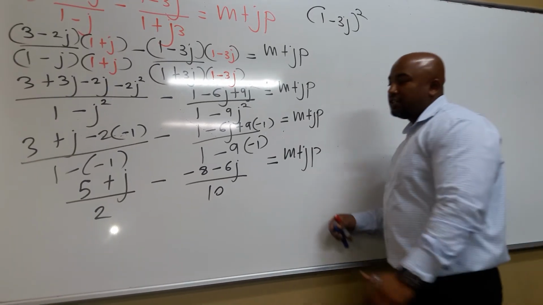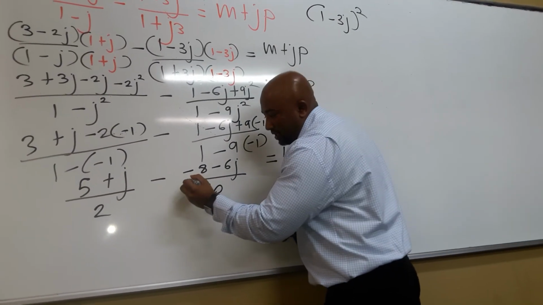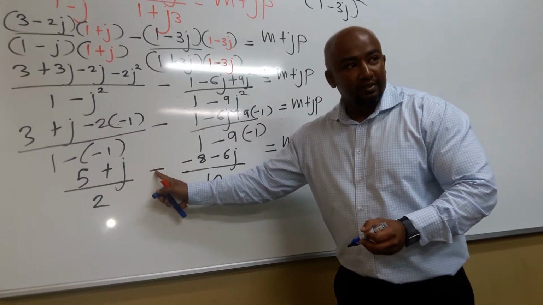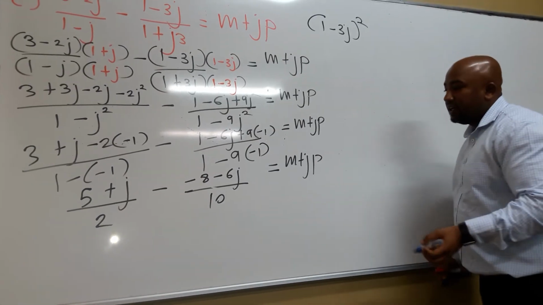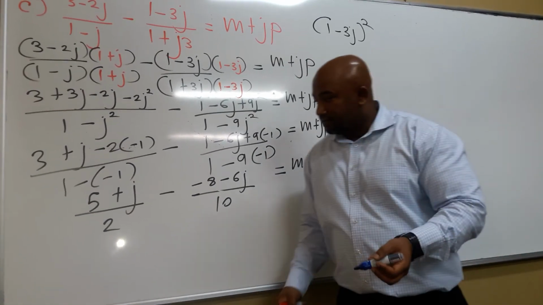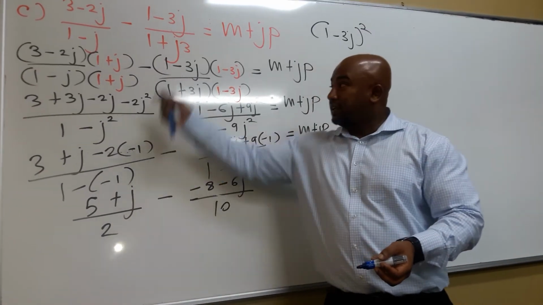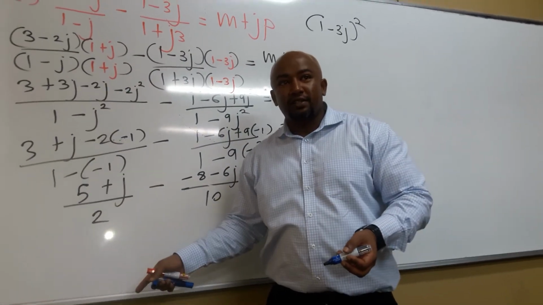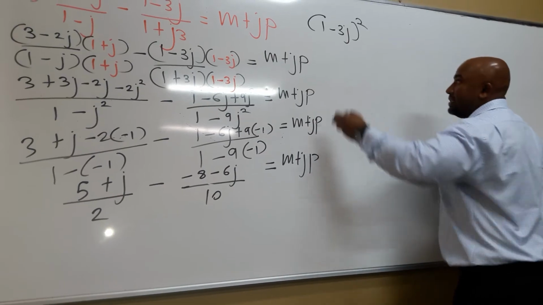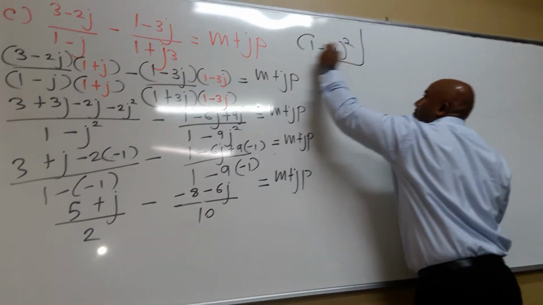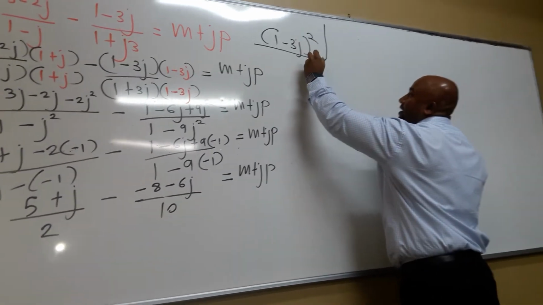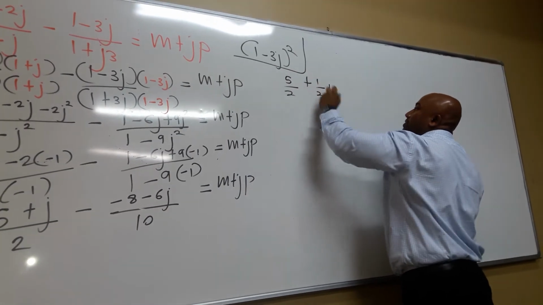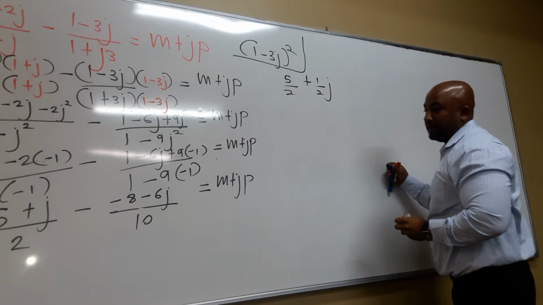Okay, you need to be careful at this stage here. There's your division sign, there's the minus there. So now what can I do here? You can simplify. The reason why we multiplied by the conjugate is so we can divide. So here, I can write it as 5 over 2 plus 1 over 2j there.